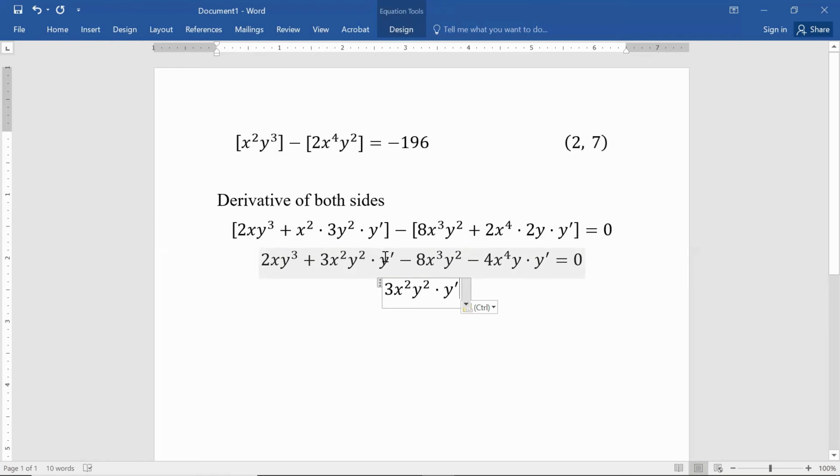You can see 3x squared y squared times y prime has a y prime on it. This minus 4x to the fourth y times y prime also has a y prime on it. I'll subtract 2xy to the third from both sides. And then I will add 8x to the third y squared to both sides.